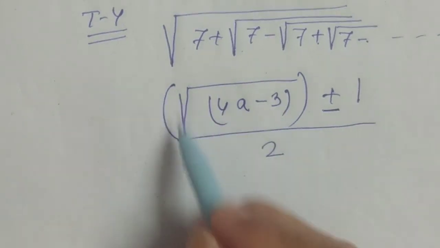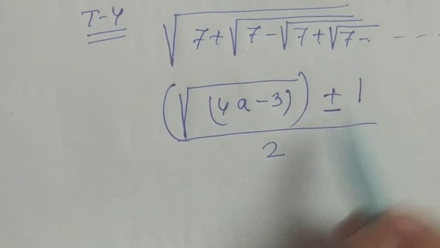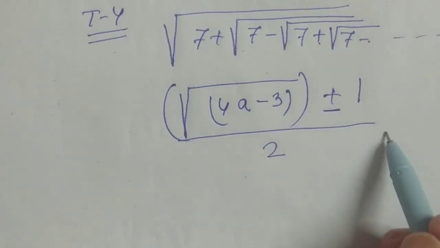That means root of 4a minus 3 whole, plus minus 1, all divided by 2 is the formula.